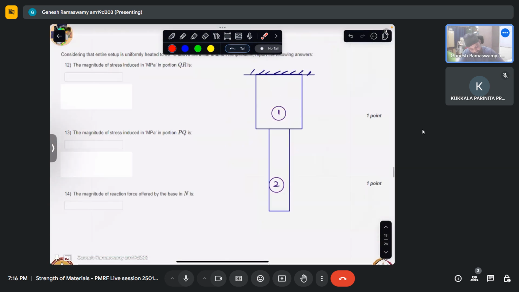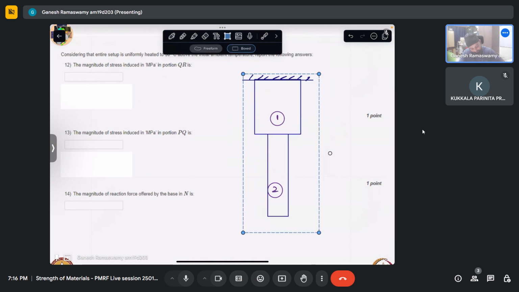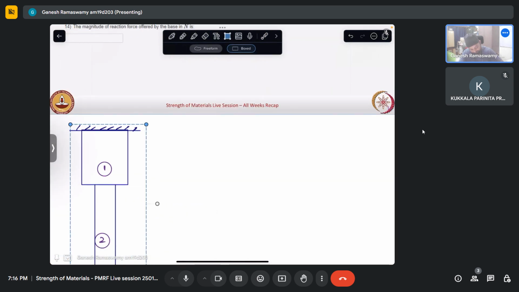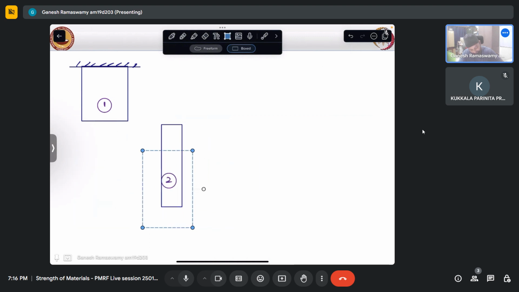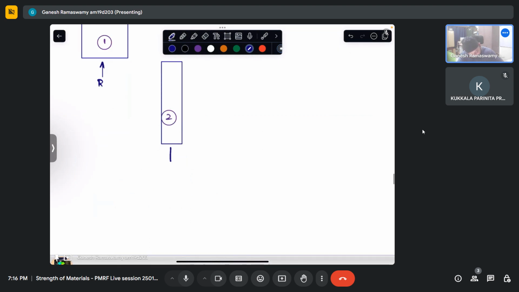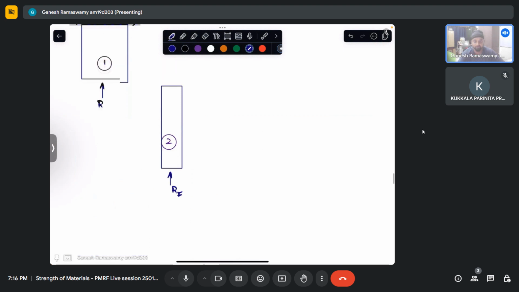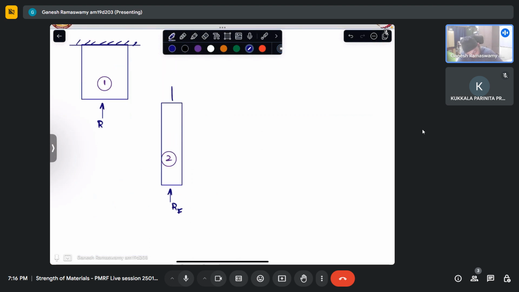So let me take this here and let us separate this out like that. So this will be subjected to a compression. This is from the floor. Let us say RF is the force from the floor. So since this is in equilibrium, this will also be RF.